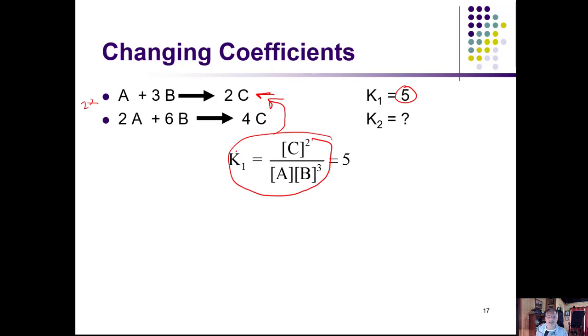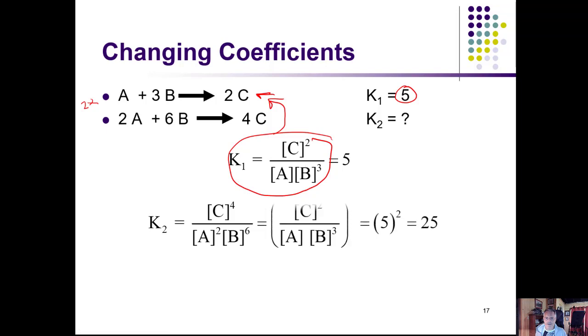Now let's take a look at the new equilibrium constant expression. My K sub 2 is simply product C to the 4th power divided by reactant A to the 2nd power and reactant B to the 6th power, just using the coefficients as the exponents. Well, how could I get to that with respect to the original equilibrium constant expression?